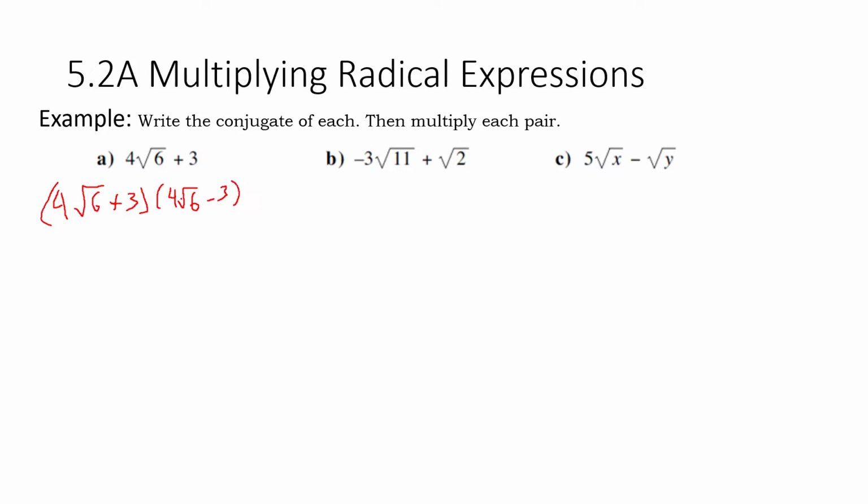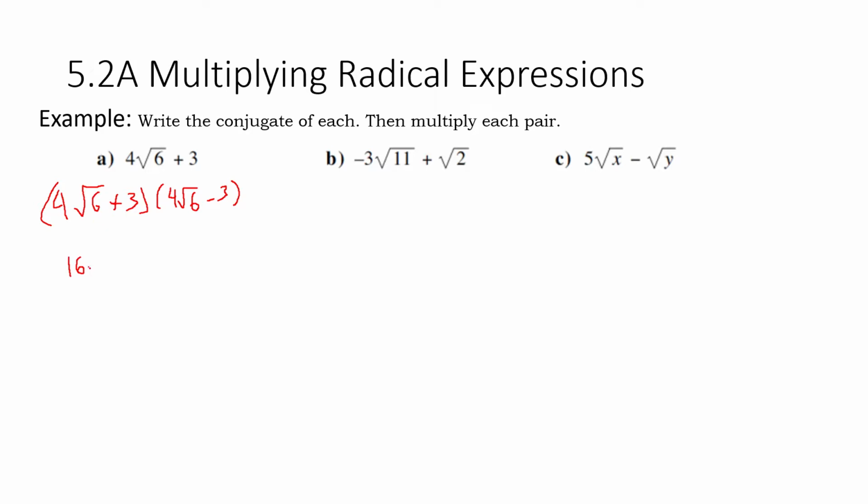That is the conjugate of 4 root 6 plus 3. So let's do that multiplying we were talking about. Let's distribute both the terms in this binomial with both the terms in this binomial, and you'll see the result is no more radical. So let's do 4 times 4 is 16.